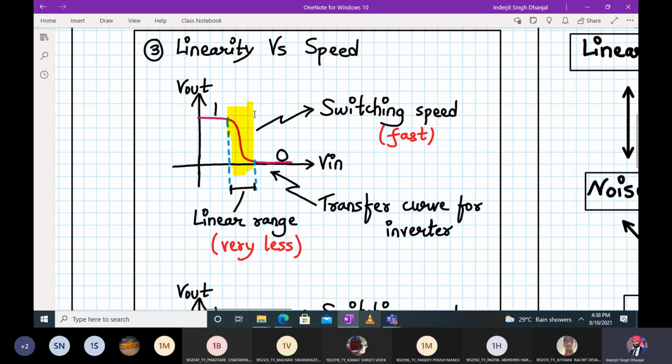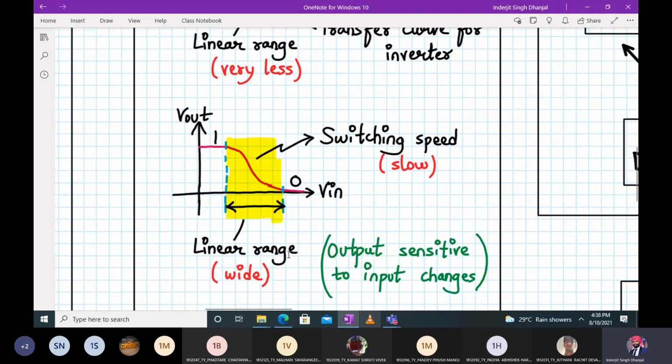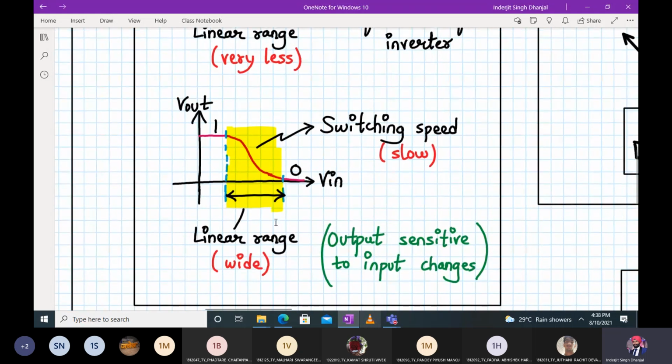That we define as the switching speed. So if this linear range is very, very small, we can say that the switching speed is fast. Are you following? That means my output is falling from logic 1 to logic 0 very quickly. So once this linear range is very small, that's how the relation is. Now let's say that we have a wide switching speed.